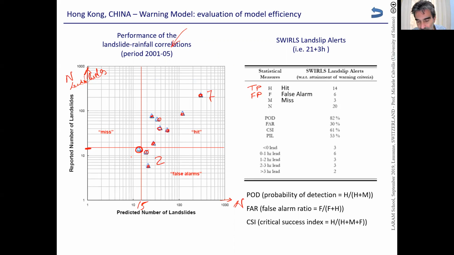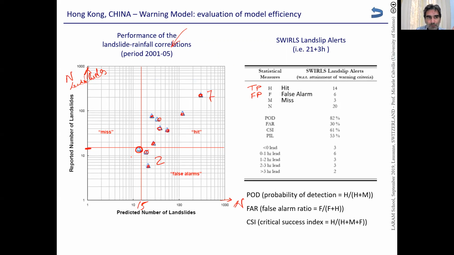Once you have this, you can construct a contingency matrix and check your probability of detection, false alarm ratio, the miss rate, whatever you want to do. So at that point they were saying, we're doing a good job, we keep going.